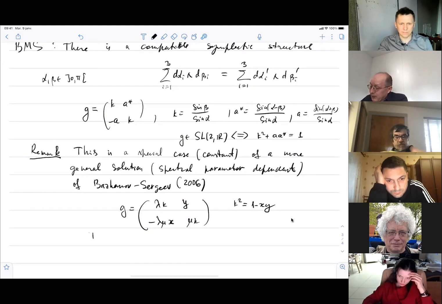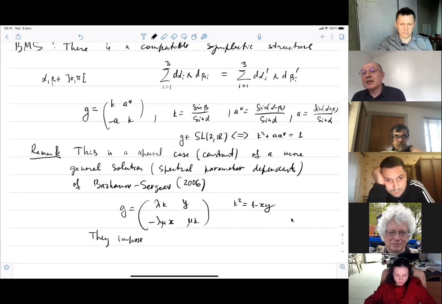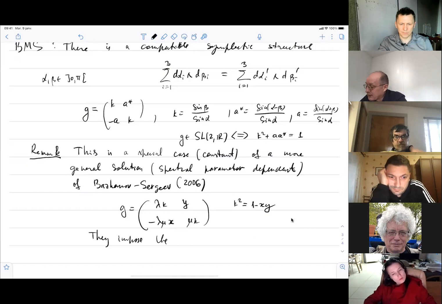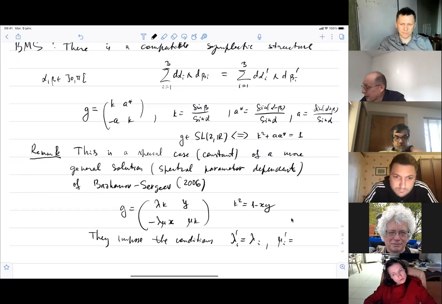But actually, in the map, they impose, so this is not a result of solution of the local Yang-Baxter equation, they impose the conditions that lambda prime is equal lambda, and mu prime equals mu. So I would say that this is a solution found by ansatz.